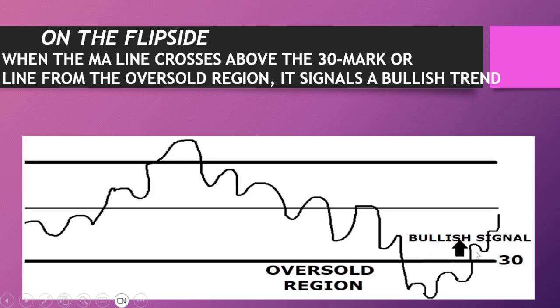So when you have a signal like this, where the MA line of the RSI moves from the oversold region and above the 30 mark or 30% line of the RSI, this is a powerful or strong bullish signal, usually a bullish reversal or a turnaround in price from a prior bearish trend or fall to move in the upward direction.